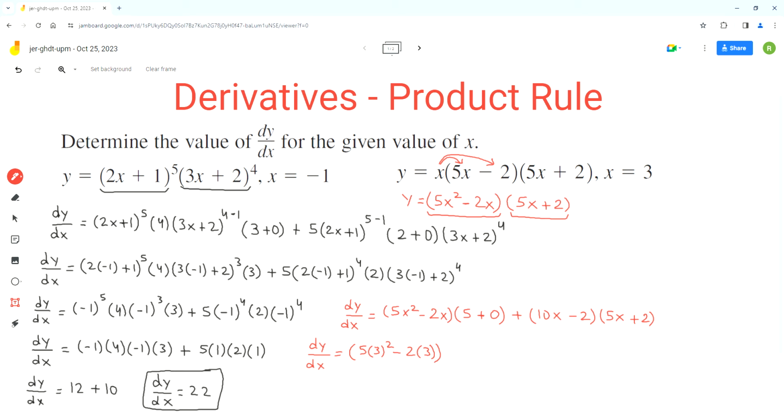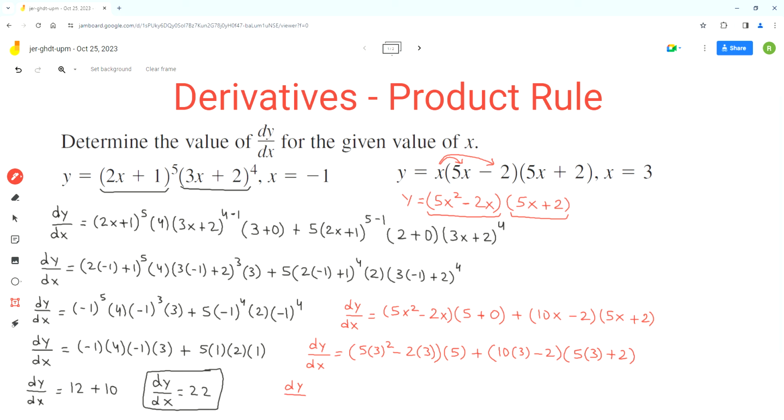Now in the second parentheses, so 5 plus 0 is just 5, plus, now in the second part, so we do 10 times 3 minus 2, and then 5 times 3 plus 2. Now we can simplify this expression.